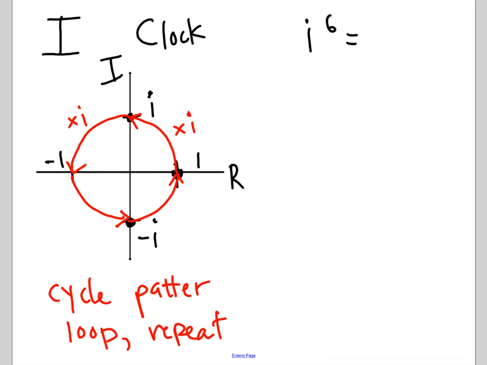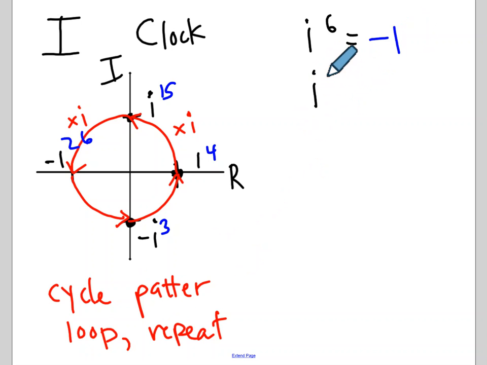One way to use this pattern is, I to the 6th, we have to start at I to the 1st. 1, 2, 3, 4, 5, 6. I to the 6th is equal to -1.